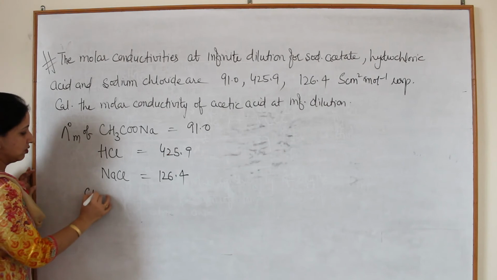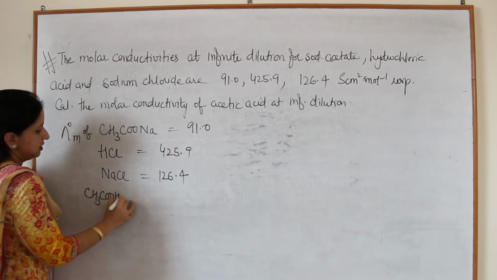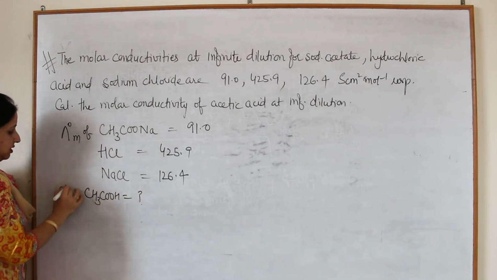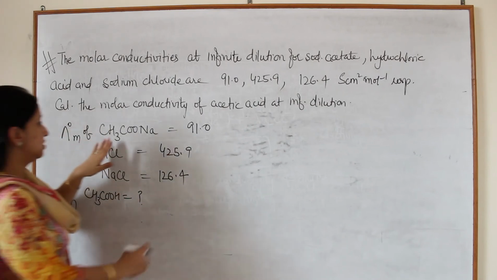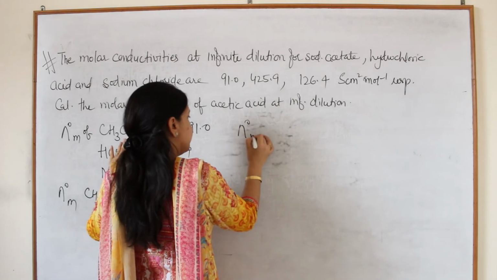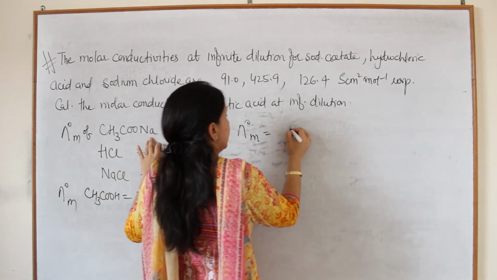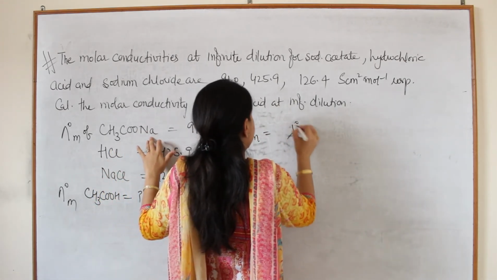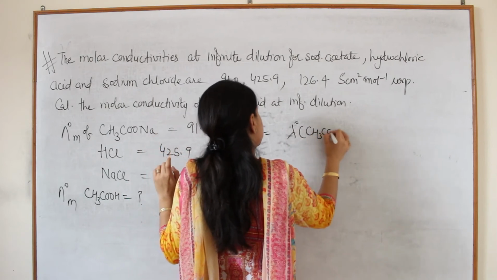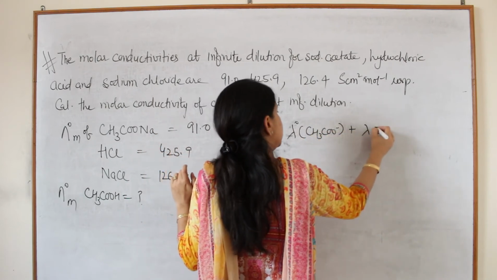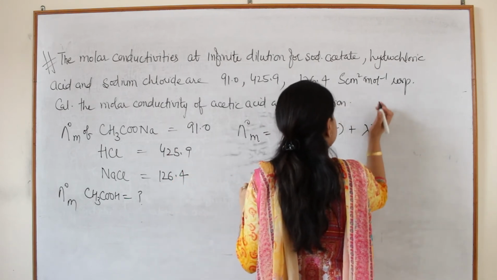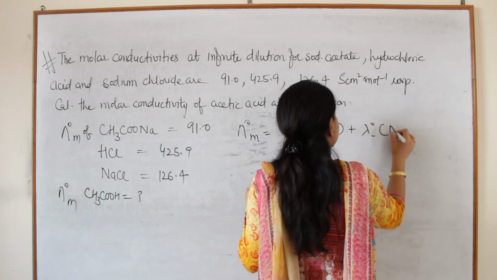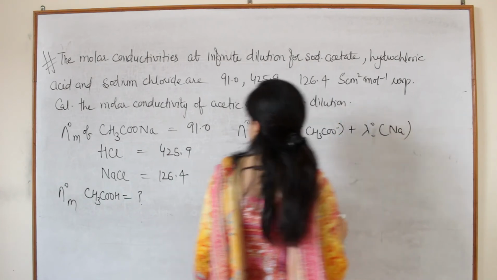And we have to calculate CH3COOH. According to Kohlrausch's law, this lambda naught m will be equal to lambda naught of CH3COO negative plus lambda naught of Na positive.